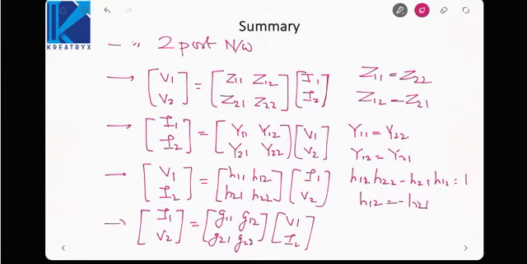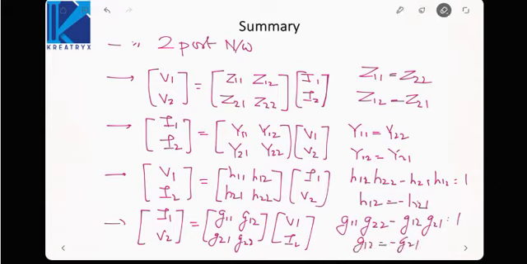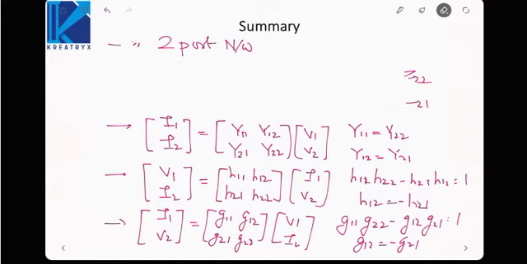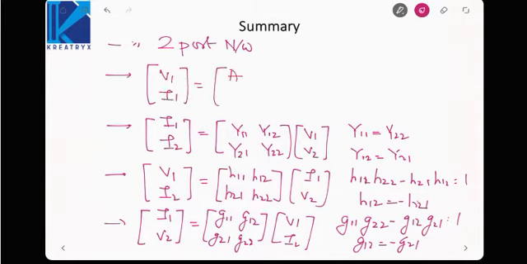The condition will be the same as hybrid parameters and G12 equal to minus G21. And last we studied the ABCD parameters or the transmission parameters, that is V1, I1 equals ABCD times V2, minus I2.